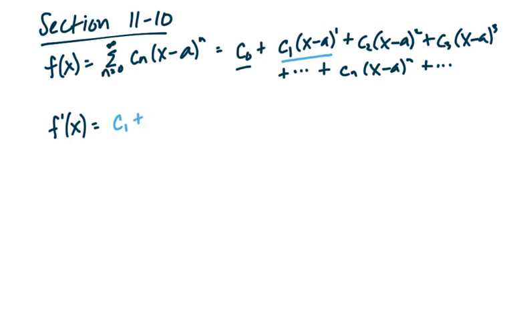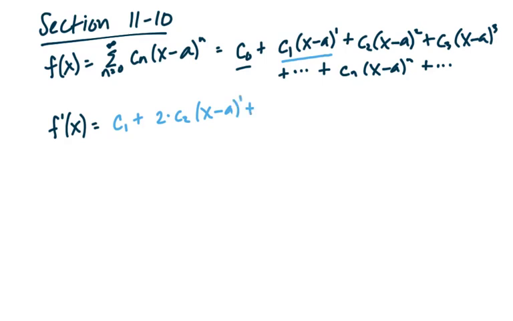Plus, we're going to take this 2 and bring it down. We have 2 times c sub 2 times (x minus a) to the second. I'm sorry, that becomes to the first. Take 1 away.